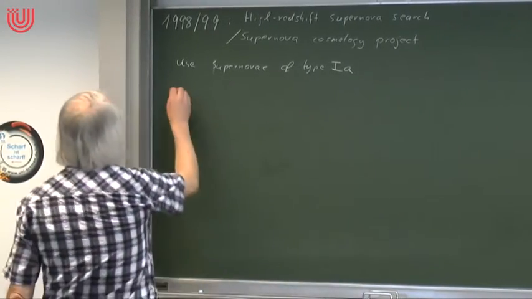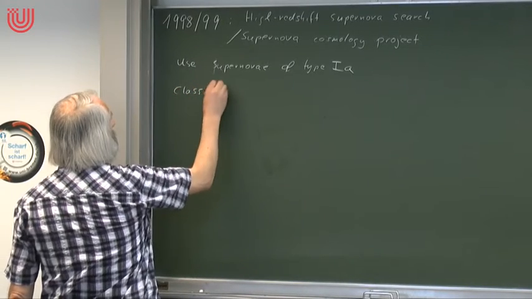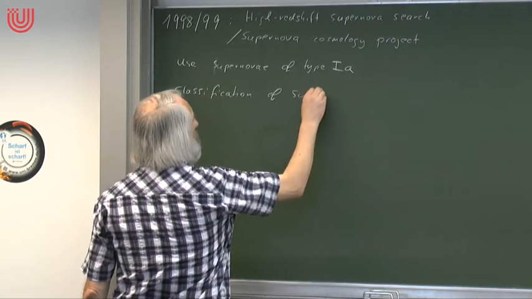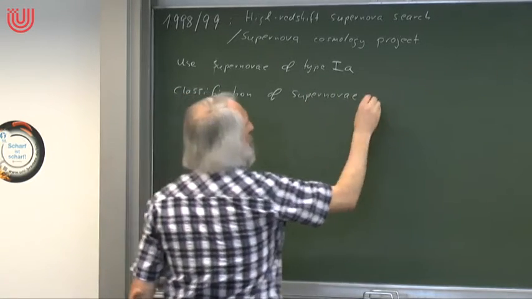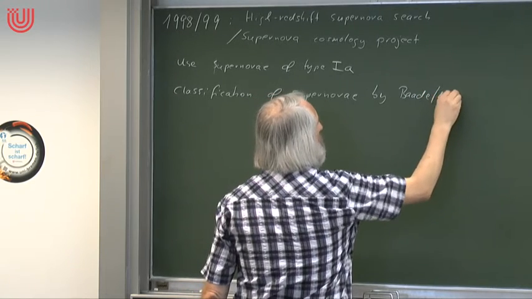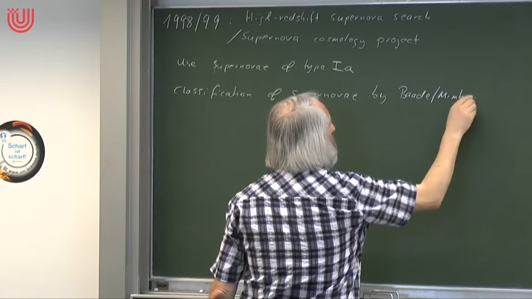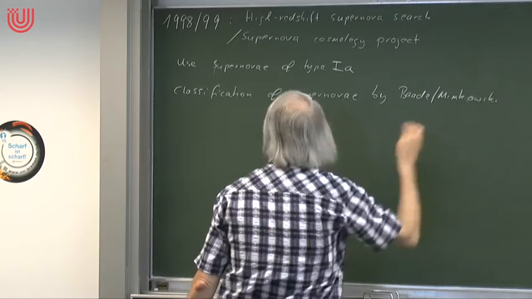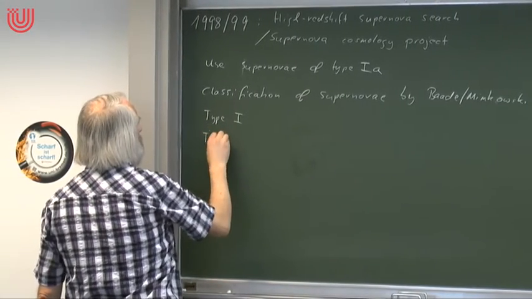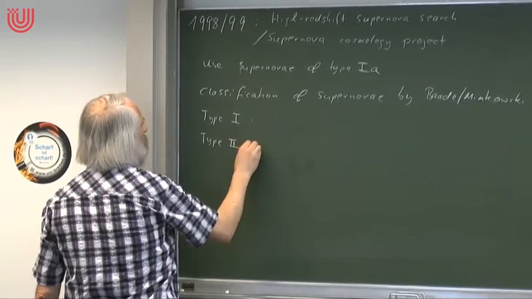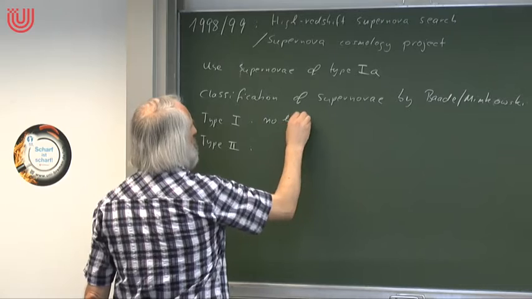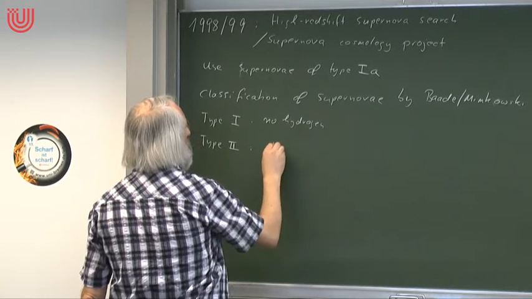So the classification of supernovae by Baade and Minkowski was very simple. At that time, in the 1930s, there was type 1 and type 2, period. Type 1, type 2, and the distinction was just made by no hydrogen in the spectrum or hydrogen in the spectrum.